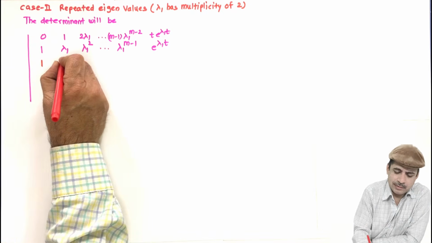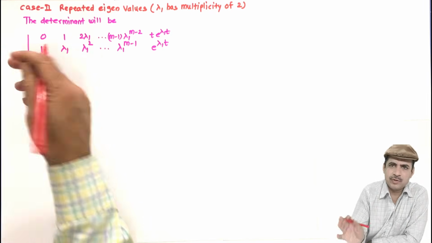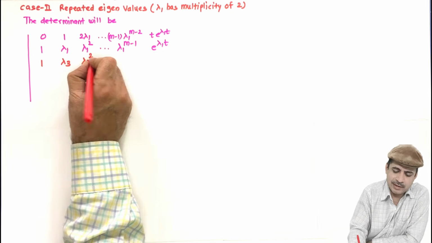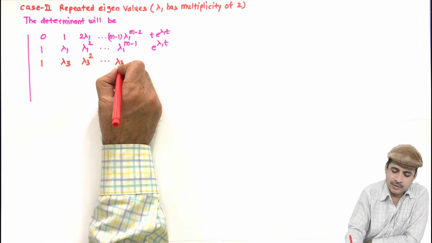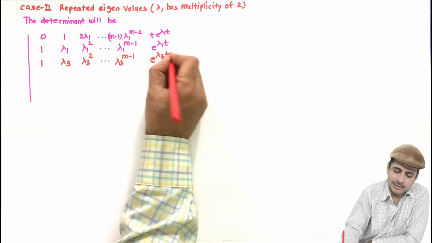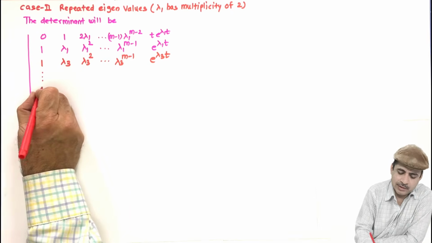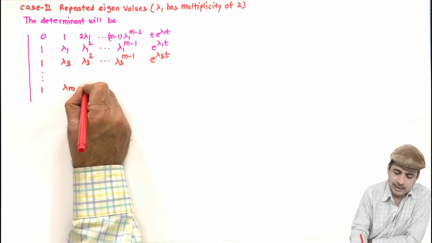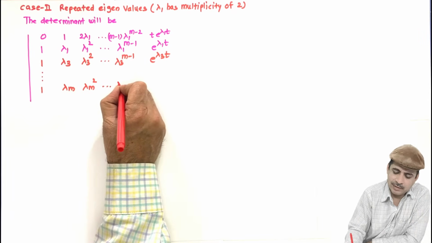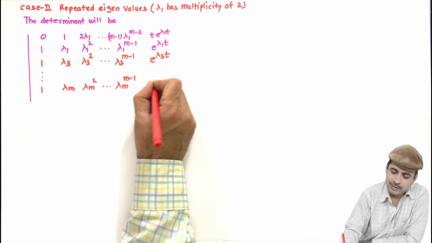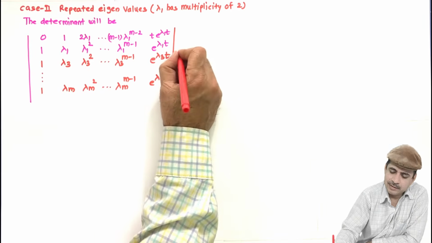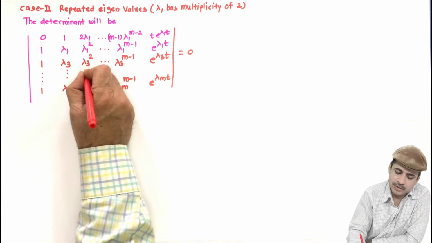So this will be 1, now lambda 1, next will be lambda 3, lambda 3 square, lambda 3 raised to m minus 1, e raised to lambda 3 t, proceeding further up to lambda m, lambda m square, lambda m raised to m minus 1, e raised to lambda m t, and this is equal to 0. So this is in continuation.